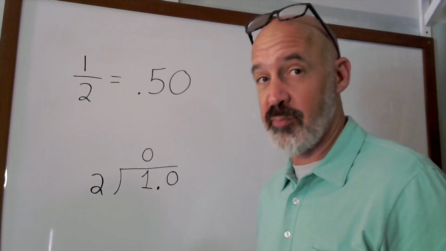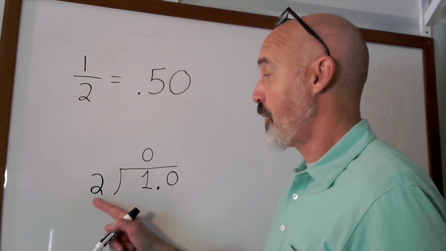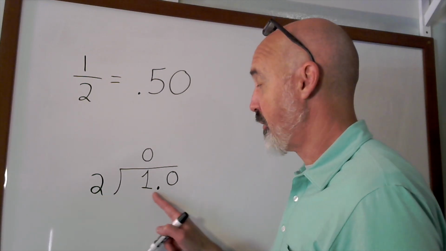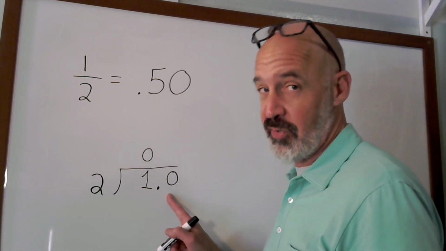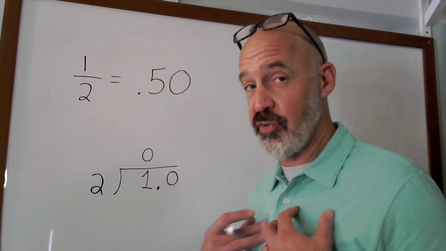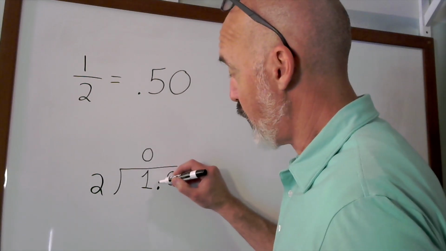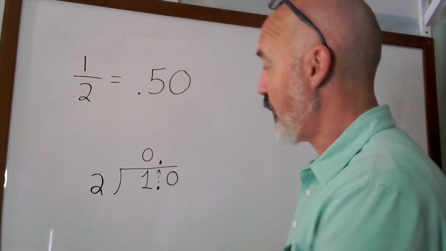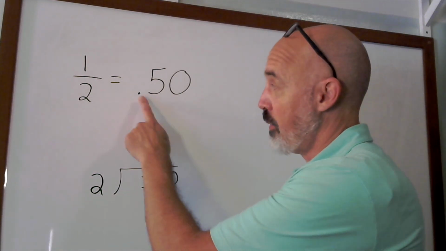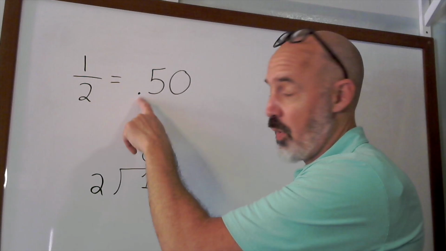So now I can ask my child, how many 2's can I get out of 10? Well, this number still looks like 1 and 0 tenths. So what I would suggest to do is have your child, or just show that this decimal point can float up into the answer bar because it's going to be some number less than 1.